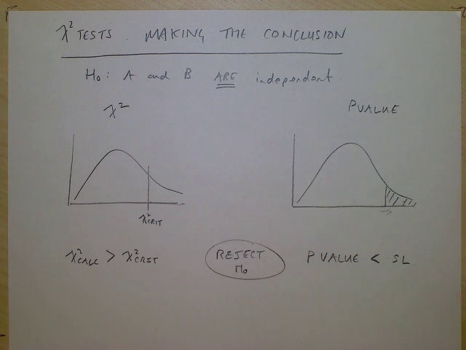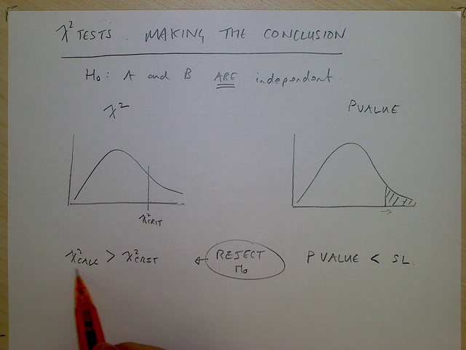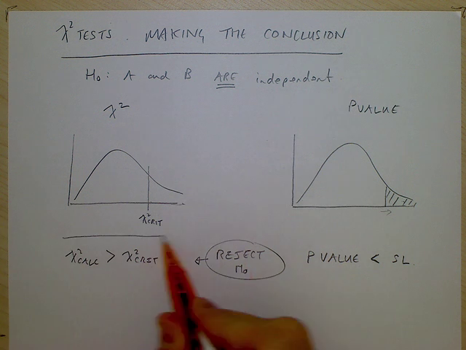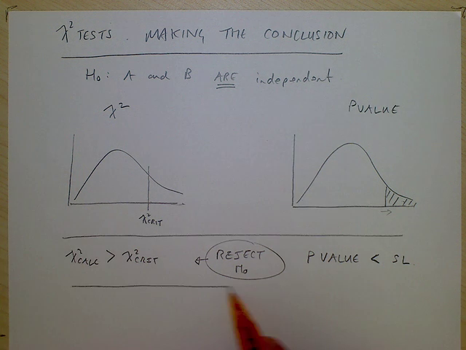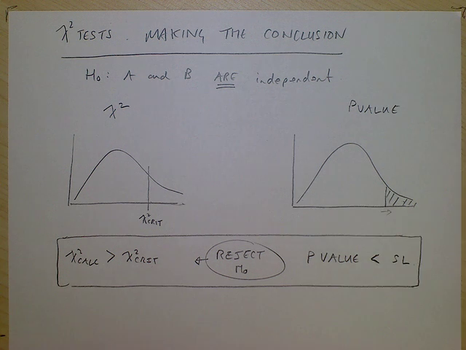So to reject, I'll either reject if the chi-squared calc value is too big or the p-value is too small. So if you like, that is the way I remember how to make my conclusion.